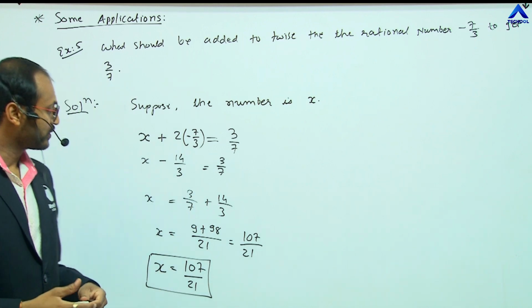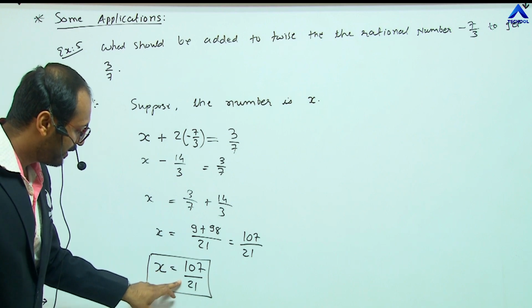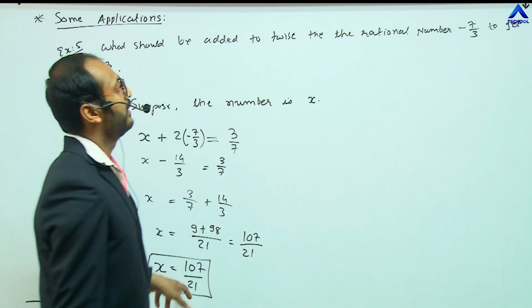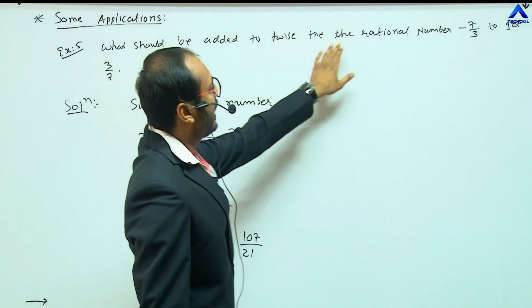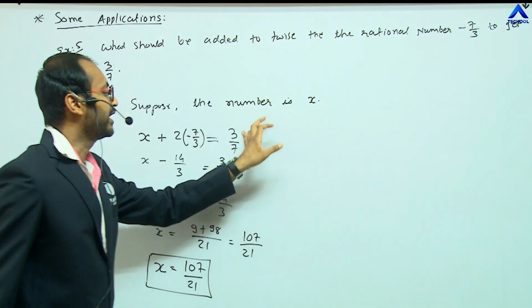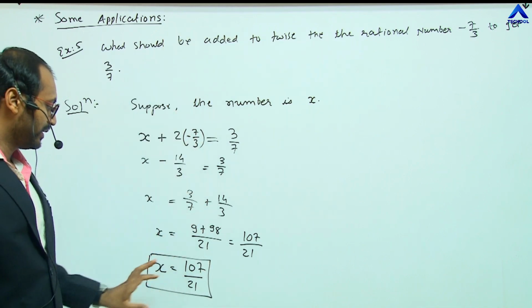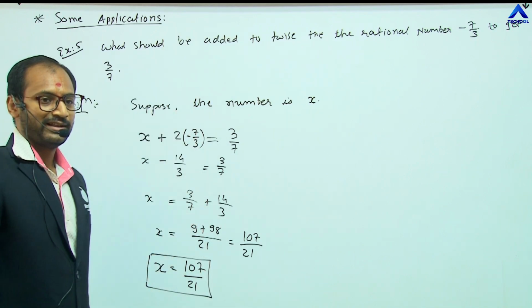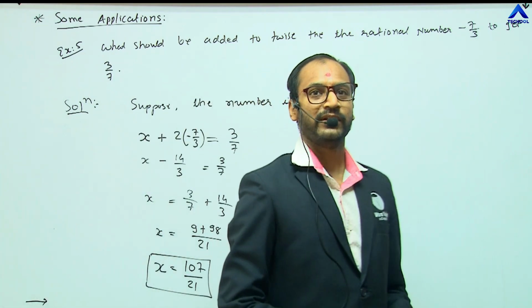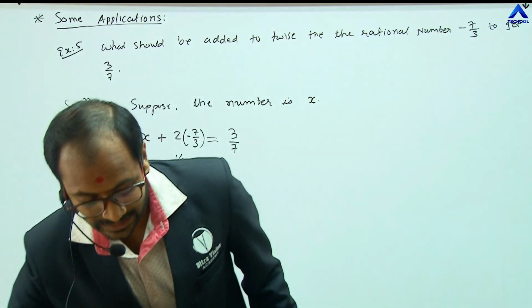So we should add 107 by 21 to twice the rational number minus 7 by 3 to get 3 by 7. So the solution of the given problem is this. Now this is a simple equation. Let me solve more examples.